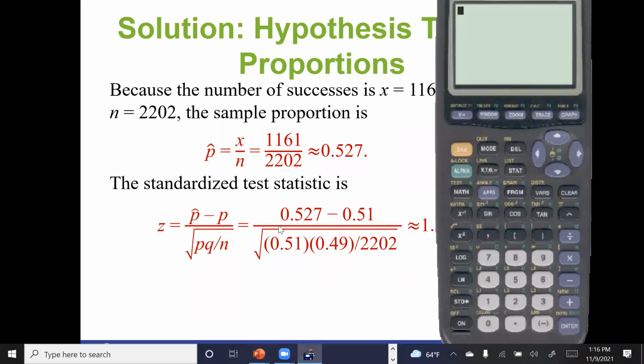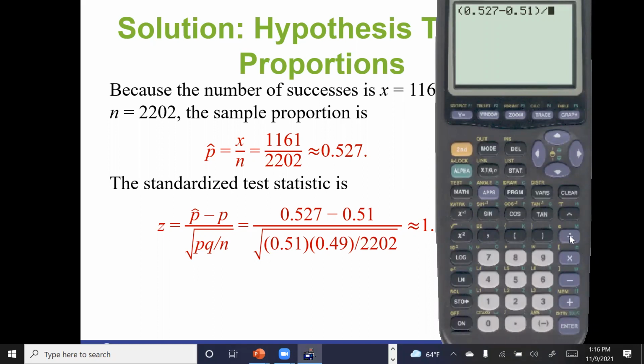If you want to do it all in one single step, let's say like, look, Mr. Ng, I want to do it in one single step. Okay, fine. You have to put extra parentheses around the top. So it's this one right here, then it's 0.527 minus 0.51, because that's going to keep everything in the denominator. We good?